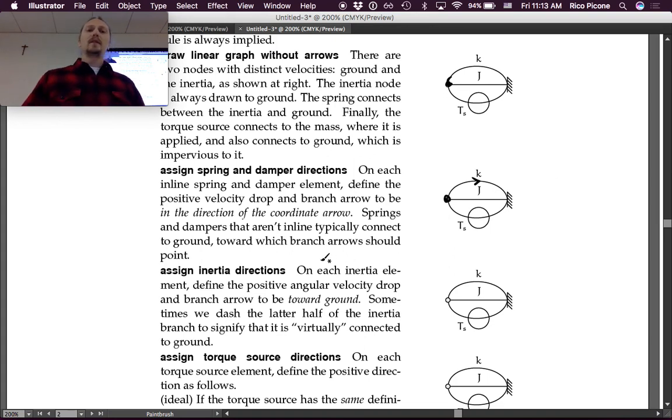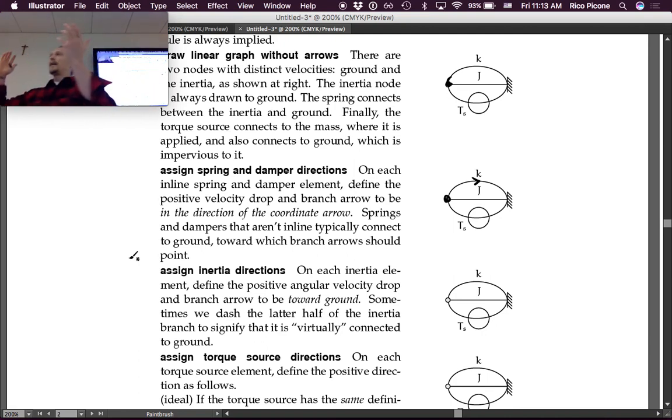Furthermore, springs and dampers that aren't in line typically connect to ground. So the quintessential example of a damper that is not an inline damper is the bearing element. If we have a bearing, almost always the inside of the bearing connects to the shaft, right? And the outside of the bearing connects to the chassis, whatever that is.